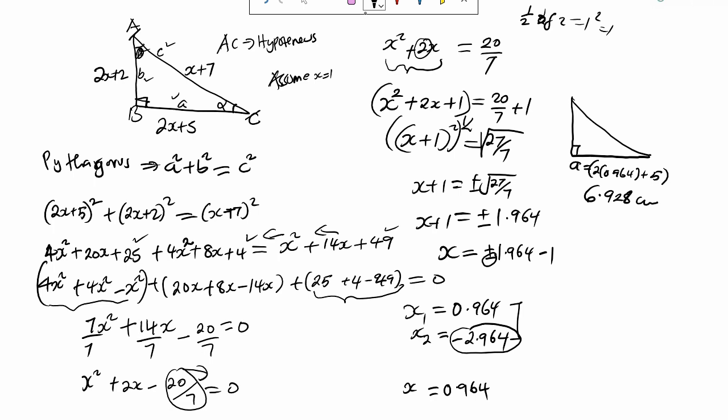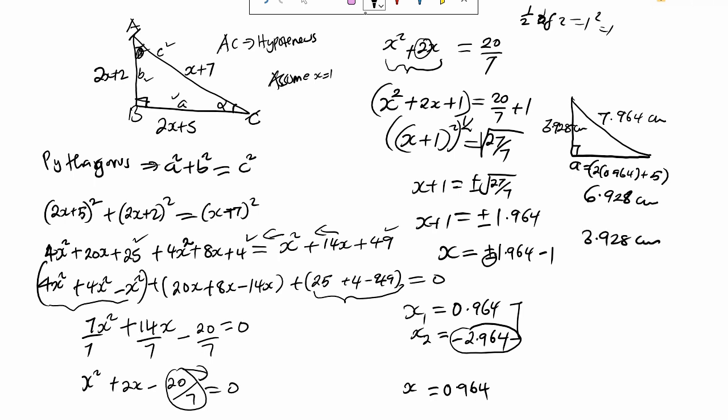And here, the other one, you take 2 times x and then add 2, you shall get a value of 3.928 centimeters, and then the hypotenuse becomes 7.964 centimeters.